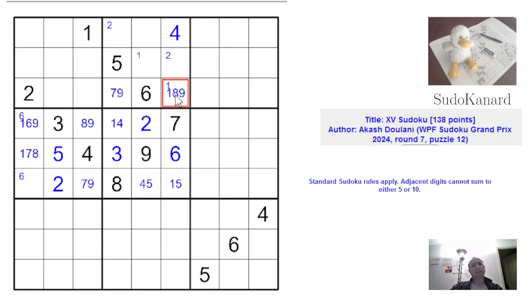So I think that's interesting. 8 would put, yes, 8 would exclude the 2 from being here, so we'd put the 2 here and the 1 there. That seems to work. I don't see any issue with that.